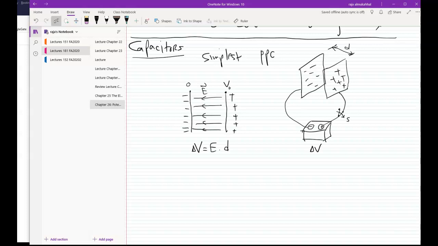Okay, an example of a capacitor is the flash in your camera, and I'm talking here about classic cameras, not the cell phone camera. I have no idea how they work. But the classic camera that you would buy back in the 70s and 80s, your father's camera, where you have a flash in there, and you push on the shutter, and the flash goes off.